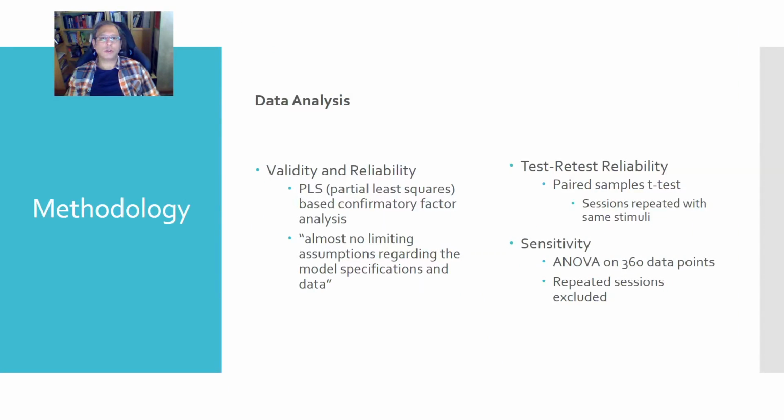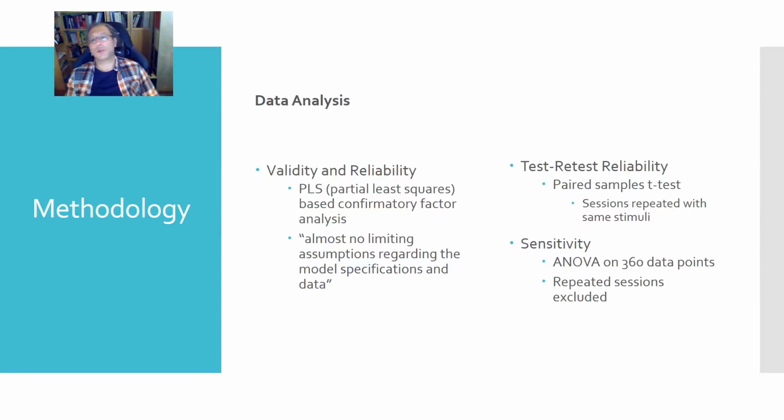So in order to inspect the validity and reliability, we use the partial least squares based confirmatory factor analysis approach, and in order to check out for reliability, we also check the Cronbach's alpha value and composite reliability, and we also checked for the test-retest reliability by comparing the scores for the first and second sessions and 11th and 12th sessions through some paired sample t-tests, and also with the Pearson correlations.